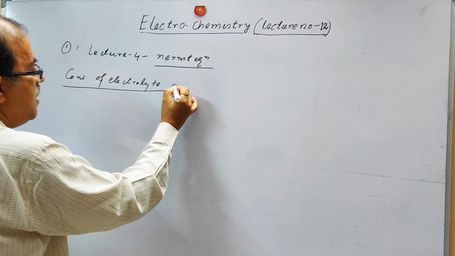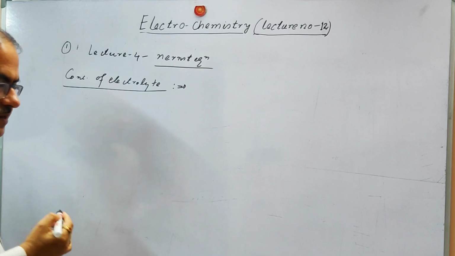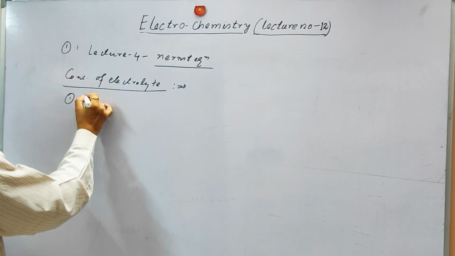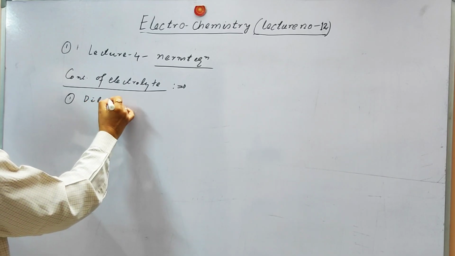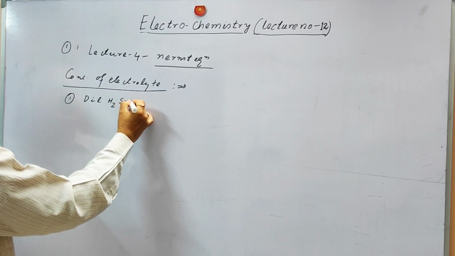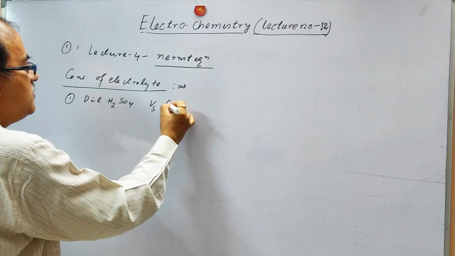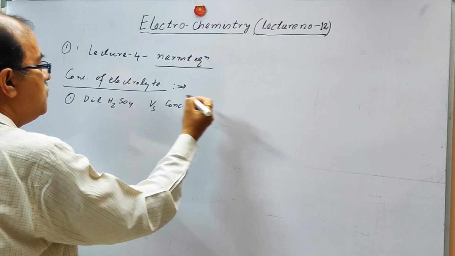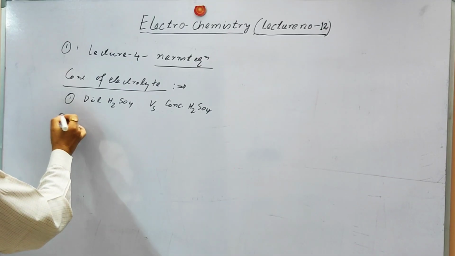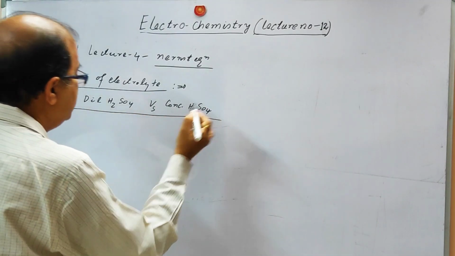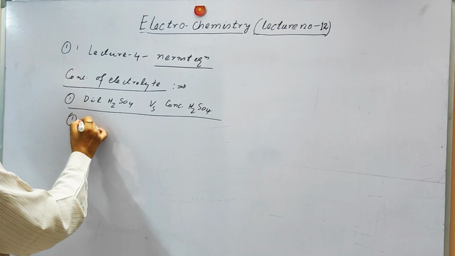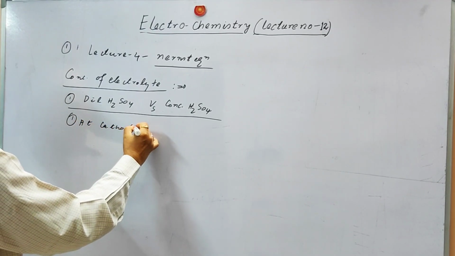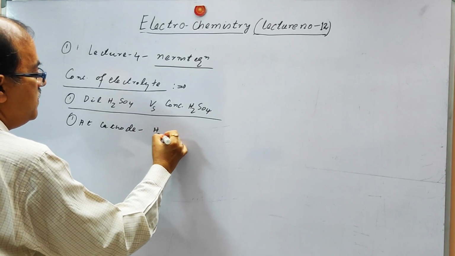How? When we analyze the electrolysis of dilute H2SO4 versus concentrated H2SO4, we will find different products. In both cases, at the cathode, hydrogen H2 is liberated.